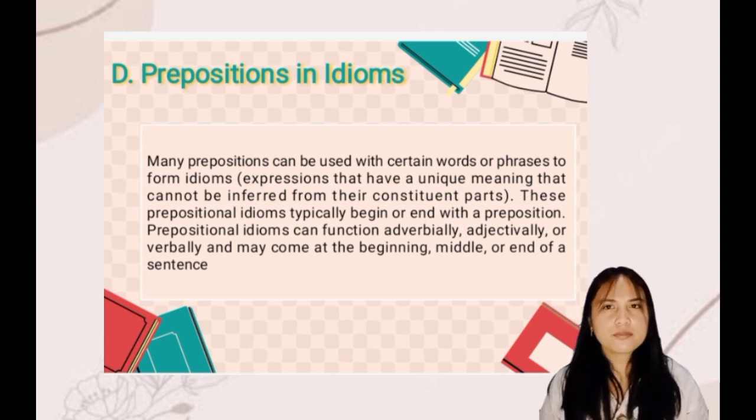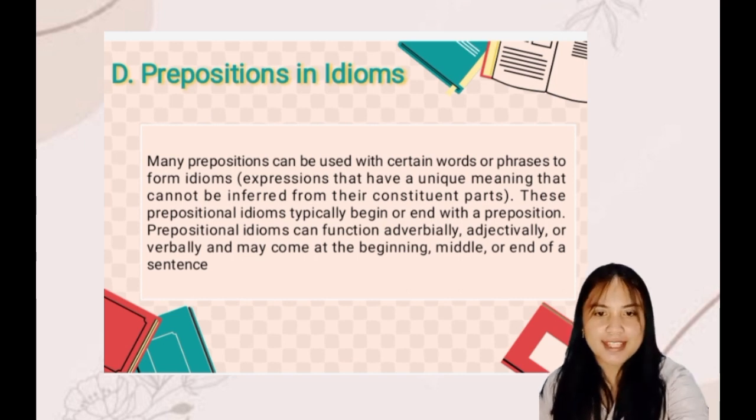They consist of prepositions that relate to other words or phrases, and their use can vary, either as adverbials, adjectives, or a verbal sentence. With this understanding, someone can better understand and use prepositional idioms in the appropriate language context.